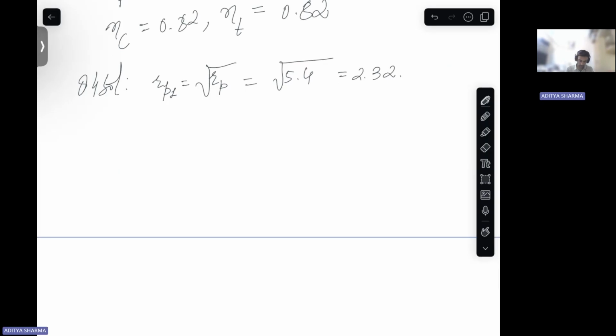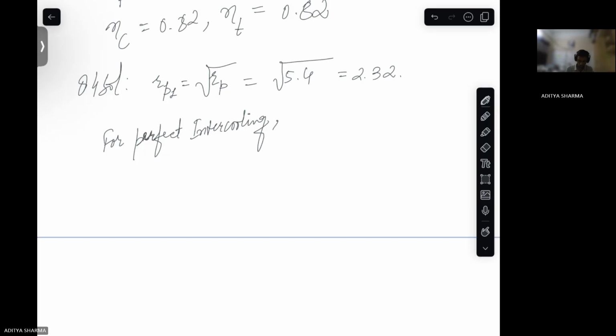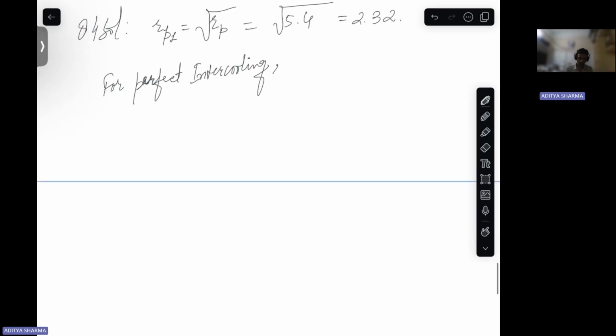Okay. Now in the question it has been given to us, for perfect intercooling, T1 has been given equal to T3.